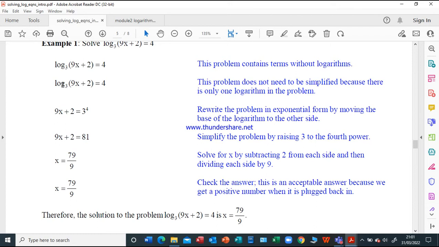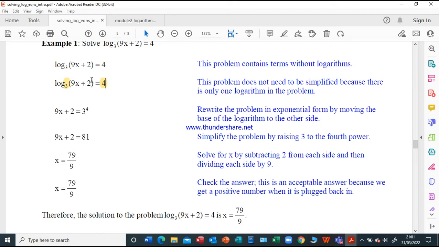So we have log base 3 of 9x plus 2 is equal to 4. What does this mean? It means the base, which is 3, raised to power 4, the result will be 9x plus 2.